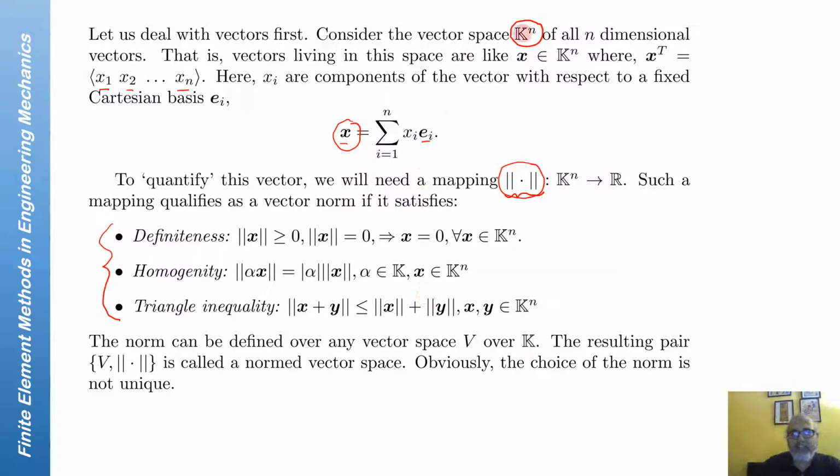Now, the vector space Kn and the norm together form a normed vector space. But the definition of a norm, the way we quantify a vector, is not unique. The choice is not unique. Many norms would satisfy these three basic rules.